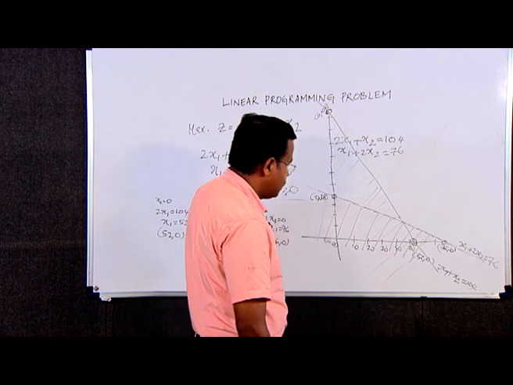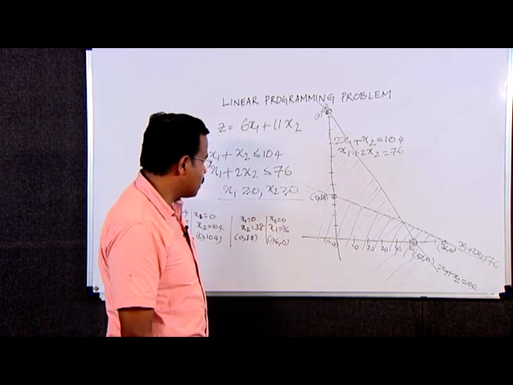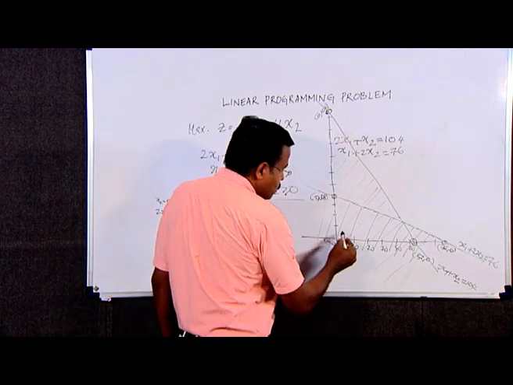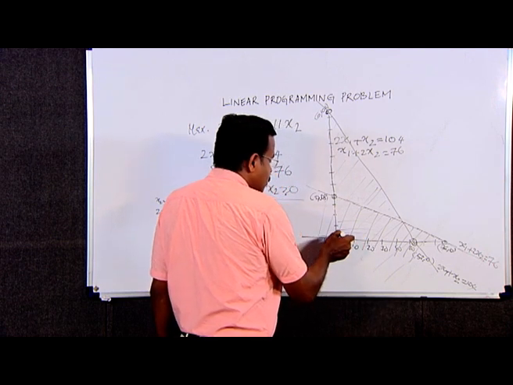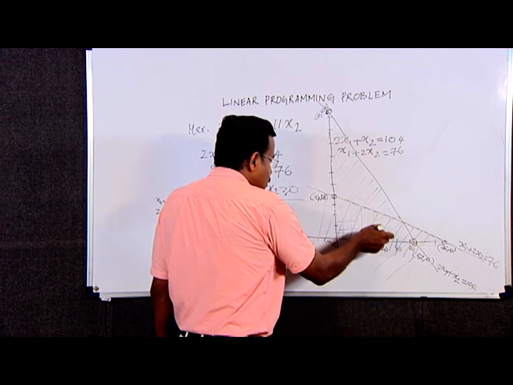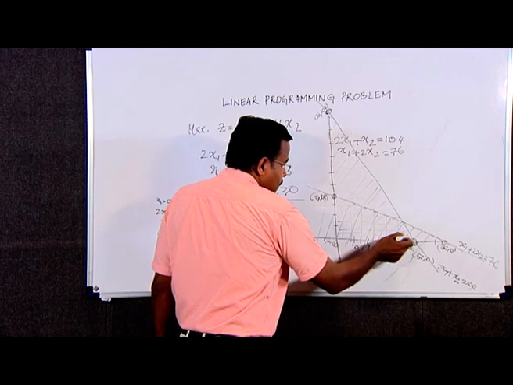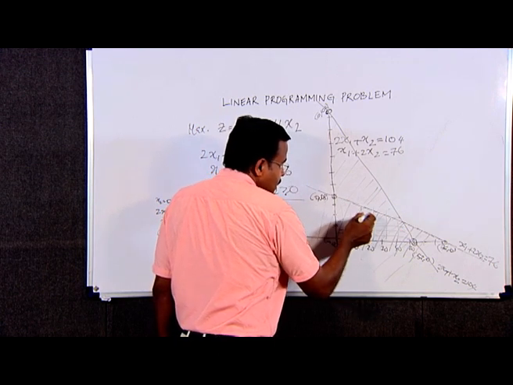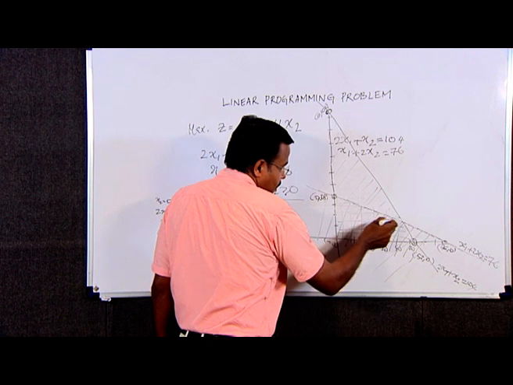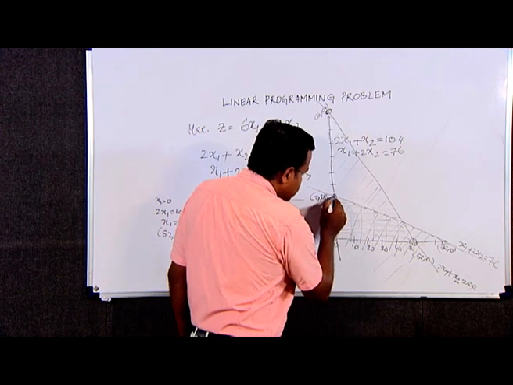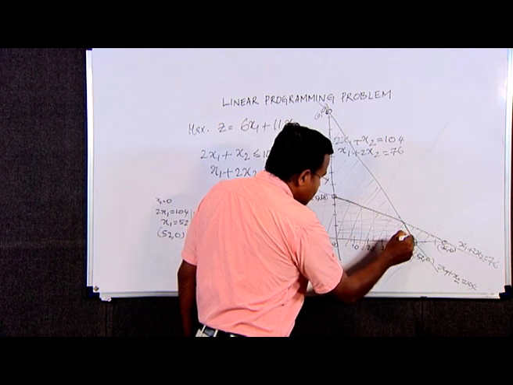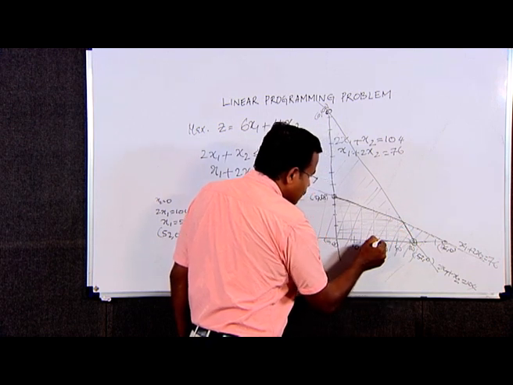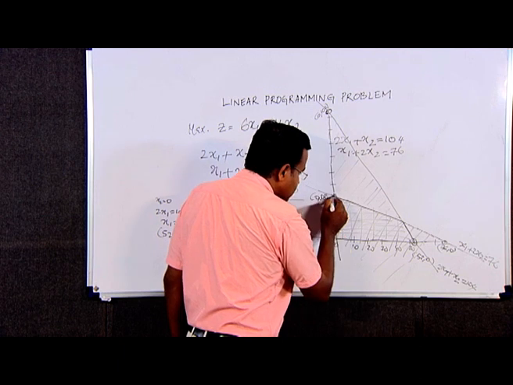And then the next condition, x1 should be greater than or equal to 0 and x2 also should be greater than or equal to 0. So, here we can see the region where all the shades are intersecting, that is this region. In this region all the restrictions are satisfied; points of this region satisfy all the restrictions.